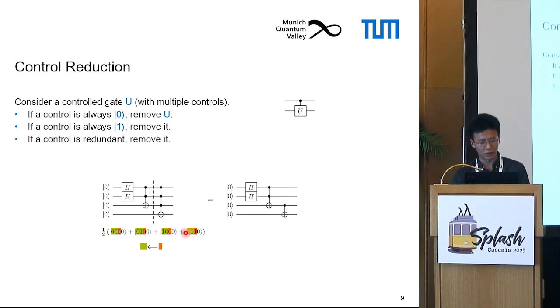For example, if the first 2 are already 1, then the third one is always 1. If one of the first 2 qubits is disabling the gate, then so is the third qubit. So if one of the qubits is 0, then the third qubit is also 0. In this sense, we know that the first 2 controls are redundant, so we can remove them.